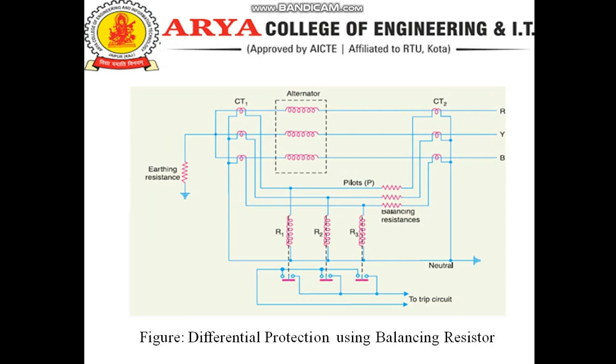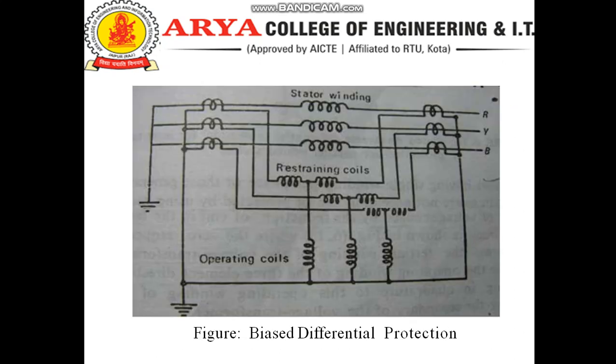That resistance is known as earthing resistance, as shown in the figure. This is the biased differential protection for the protection of the generator's stator winding, where a restraining coil is used for the balance of the current, as shown in the figure.